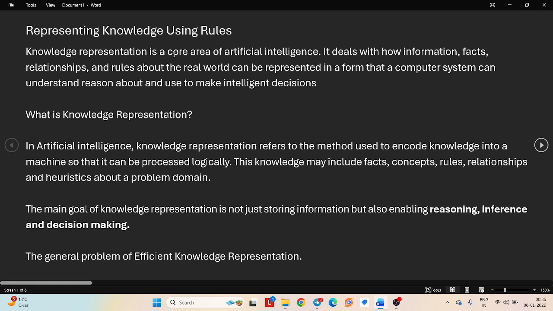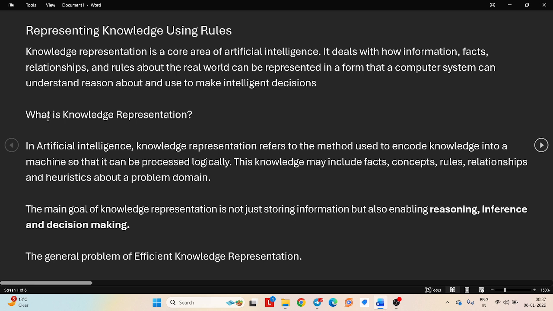It deals with how information, facts, relations and rules about the real world can be represented in a form that a computer system can understand, reason about and use to make intelligent decisions. This is the definition of representing knowledge using rules. It basically sets rules for the knowledge provided by us, and based on that the system will make decisions, and it will give better decisions than us.